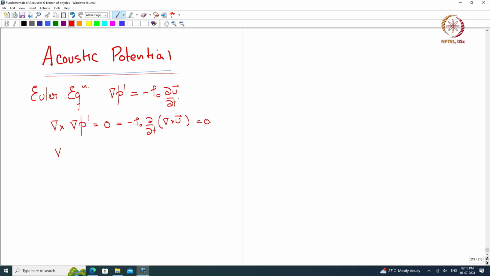And if del cross U is 0, then it is irrotational flow. If velocity is irrotational, then U can be written as a gradient of a scalar potential. Phi is a scalar potential.